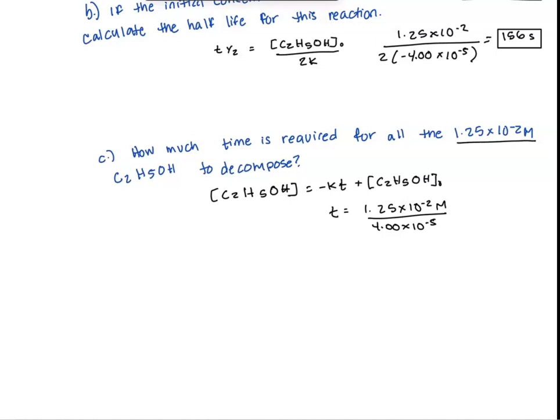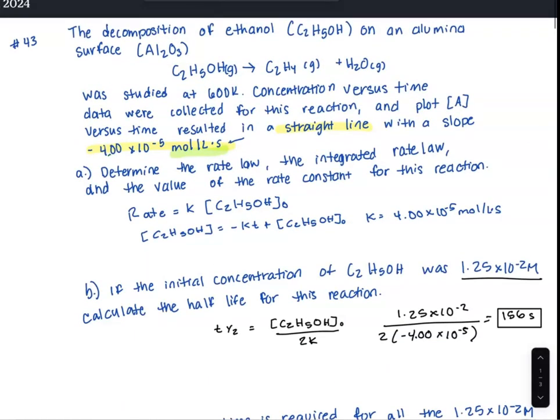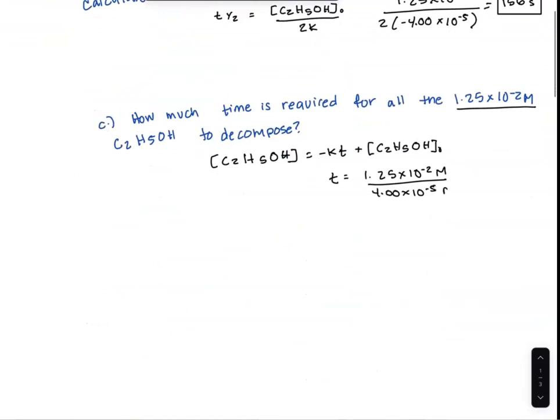And in this case, the units are moles over liters times seconds. All right, so if I put that in the calculator, it's 1.25 times 10 to the negative 2 divided by 4.0 times 10 to the negative 5th.